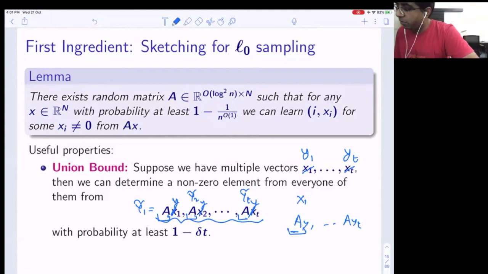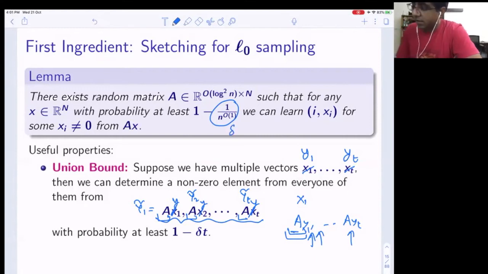What is the probability that at least one of them makes a mistake? One of them makes a mistake if either the first one or the second one or the last one does. One makes a mistake with probability 1 over n to the power big O of 1. If this is delta, then the mistake is upper bounded by delta times t, so the probability that I succeed in all of them is at least 1 minus delta t.